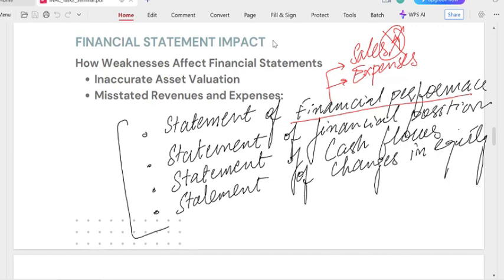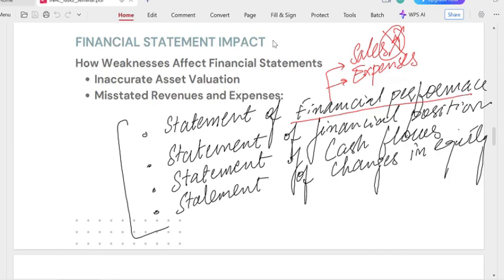Statement of financial position primarily represents assets and liabilities. Asset is something which a company controls. Liability is something which you have to pay to someone. Like your inventory is your asset, your non-current assets like property, plant, and equipment is an asset, your vehicles is an asset, you have any receivables, that's your asset.